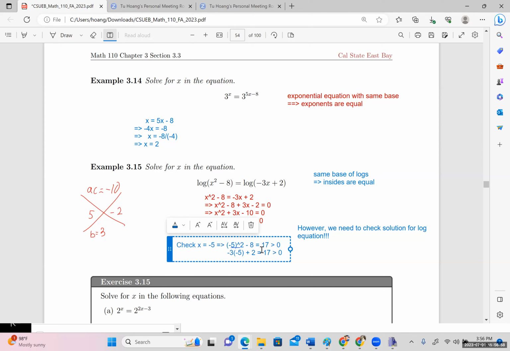That is good. Right? So both of them are greater than 0. That is good. So x equals -5 is a solution.